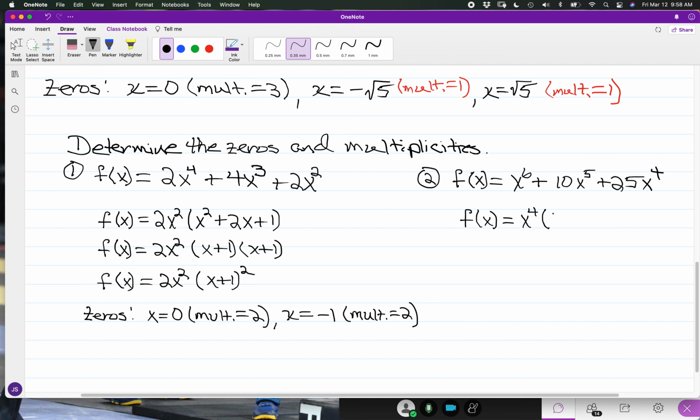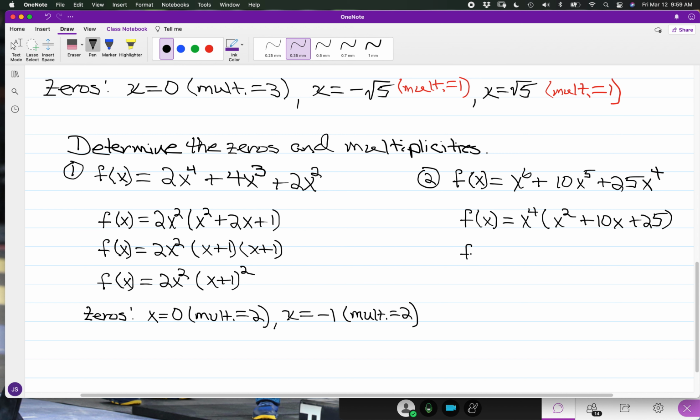Factoring out x to the fourth, we have left over x to the second plus, and x to the fourth will go into 10x to the fifth 10x times, and x to the fourth into 25x to the fourth, this will go 25 times.